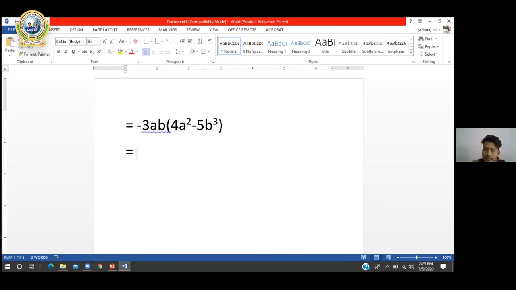Minus 3ab into 4a square, plus 3ab into 5b cube. Thank you very much.